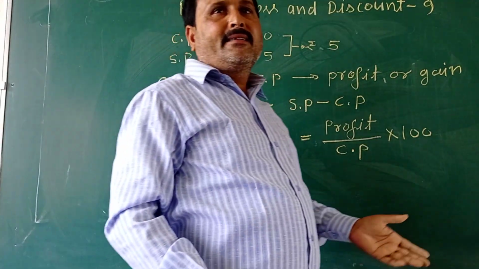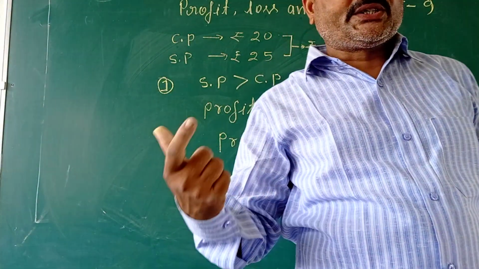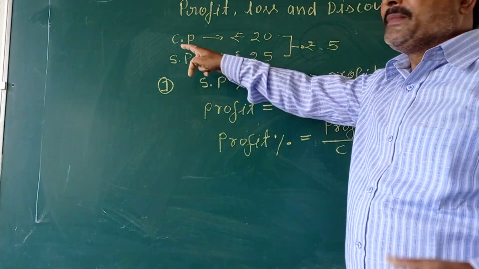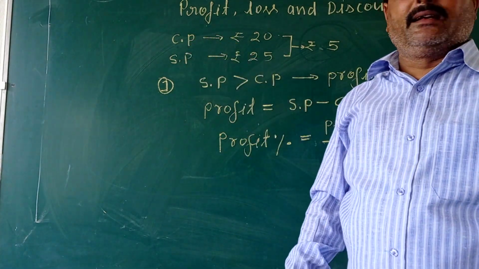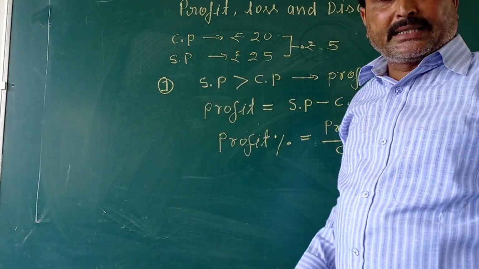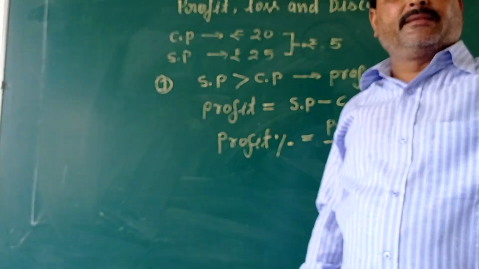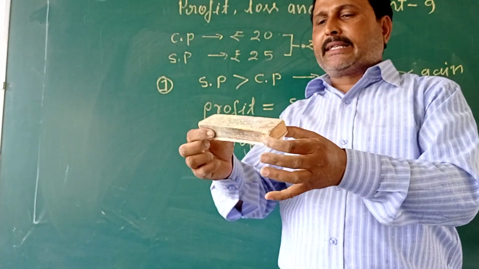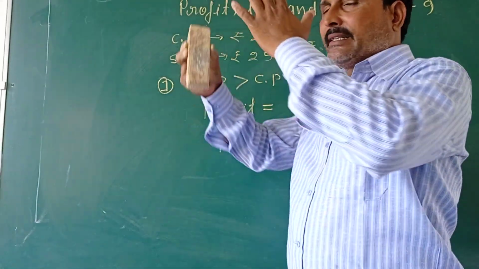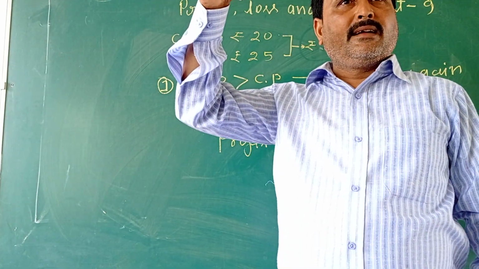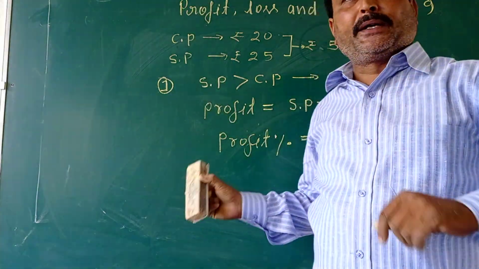If CP is given in the question, this is CP, the cost price of one article, and this is also the selling price of one article, the same gesture. Suppose the CP of 20 gestures is given here, and they are asking profit percent.